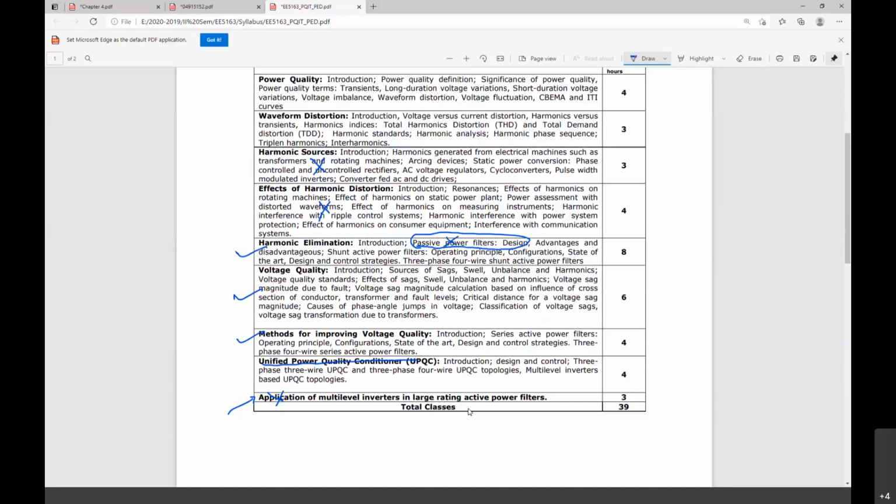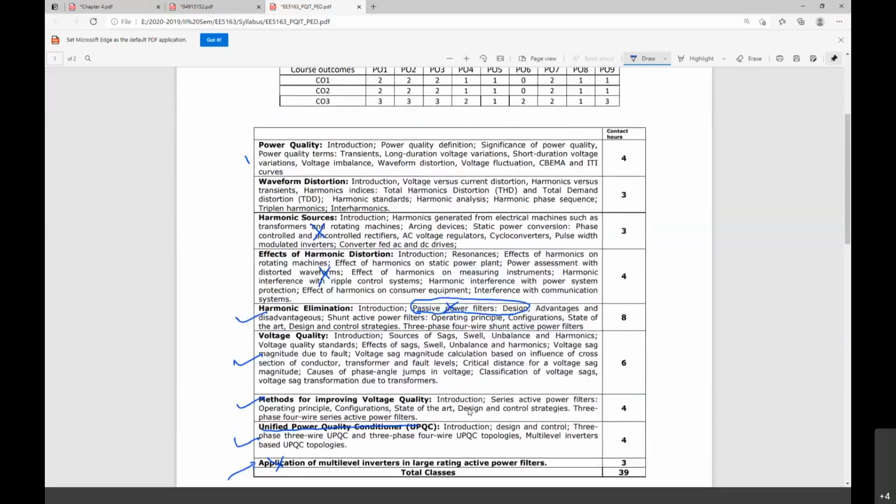Whatever questions have been raised in this particular class, those questions are likely to be asked. The rest of this content, in the mid examination, up to this part we have covered. We have given this mid and mid.